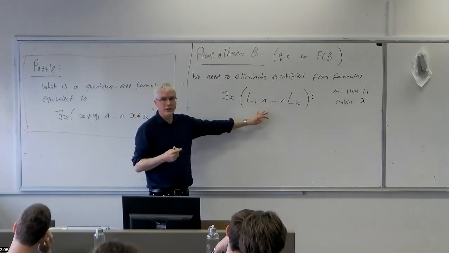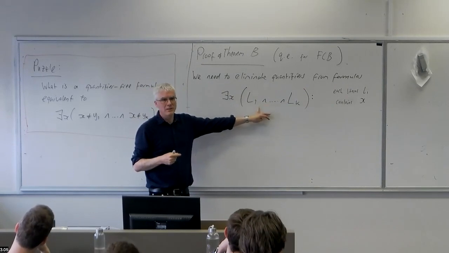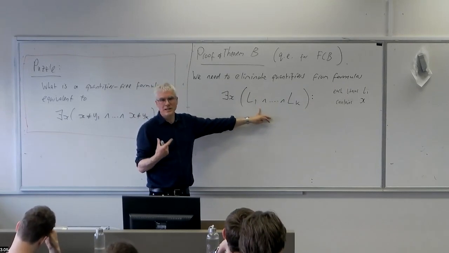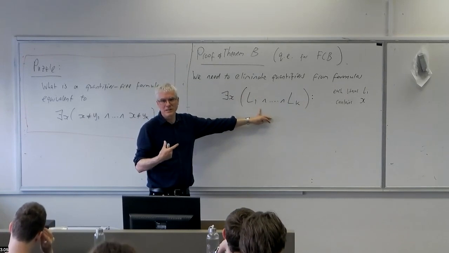So our literals that contain X are very simple because they can't contain the propositional constants. They don't have any variables. So we've only got equalities and the negations of equalities as our literals.